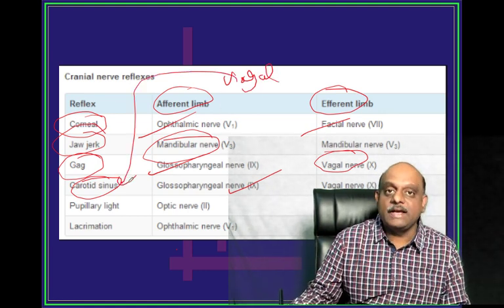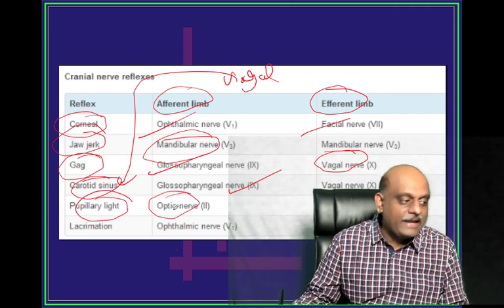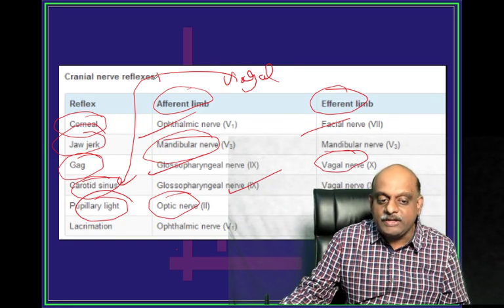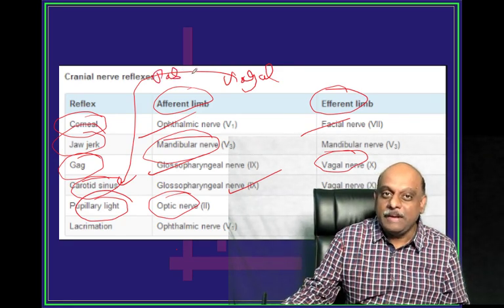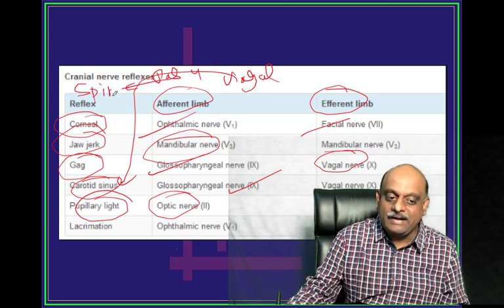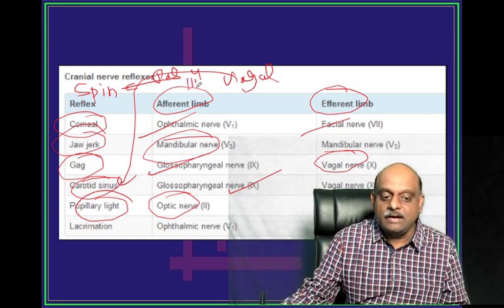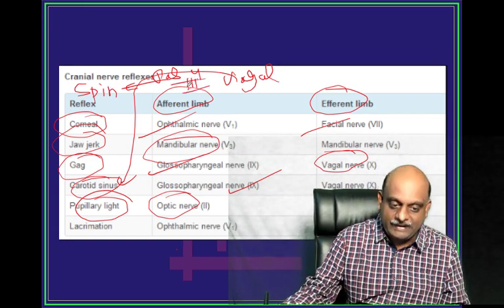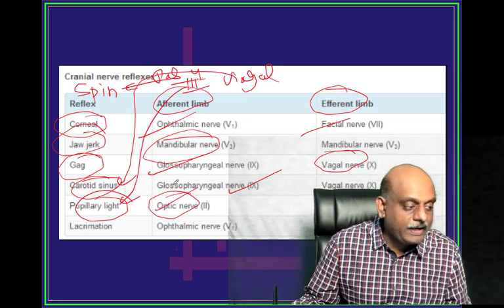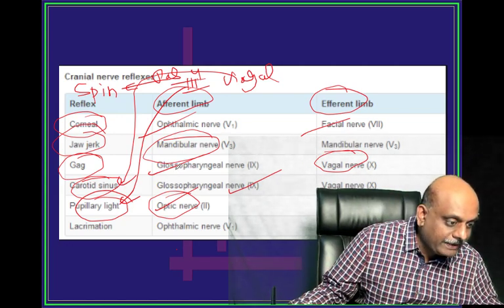Then the pupillary reflex, when you throw the light, the optic nerve carries it, so it is the afferent. And the oculomotor nerve carries parasympathetic fibers to the sphincter pupillae and leads to pupillary constriction. That's the reason the third is the efferent.